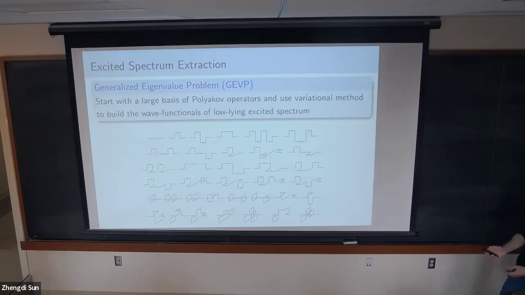I have listed the full set of Polyakov operators we have used in the simulations. Then we use a variational method, namely some criteria to distinguish which linear combination of these operators will be a good probe of the low-lying excited states. Then we use this linear combination to build the wave functionals of the excited spectrum and compute the energy.